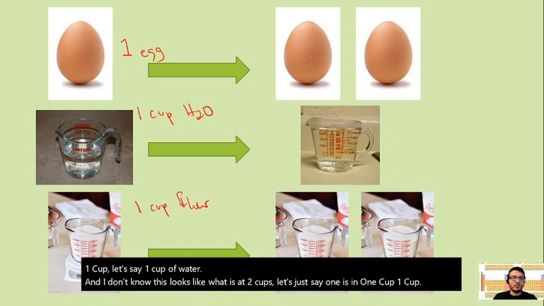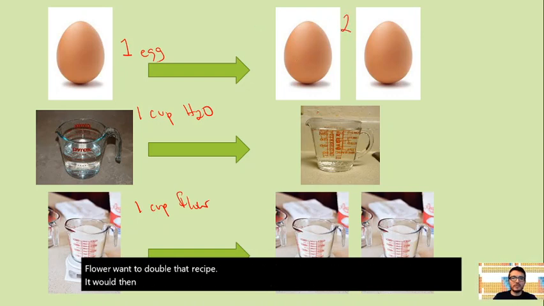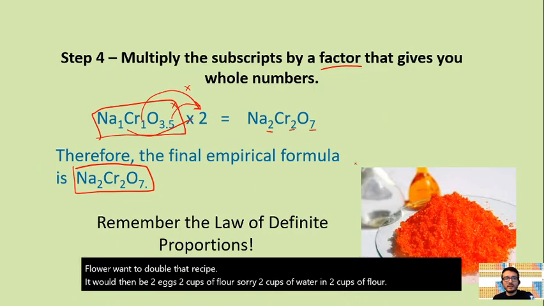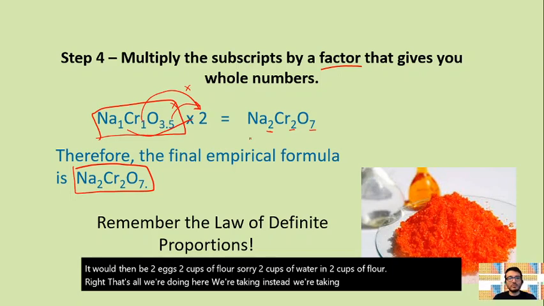If you want to double that recipe, it would then be 2 eggs, 2 cups of water, and 2 cups of flour, right? That's all we're doing here. We're taking subscripts that, in this case, 3.5, are not whole, multiplying it by 2 to make them make more sense, to make them look like the empirical formula in the form that we desire.